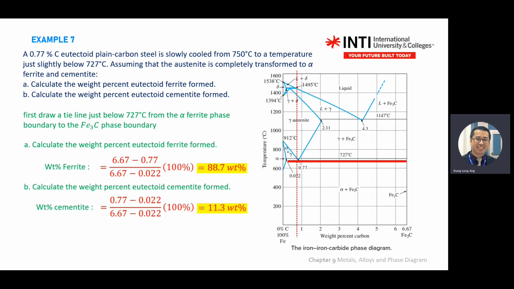You only need to be familiar with the technical words, for example eutectoid, cementite. When it's gamma, alpha or delta phase, what does it mean? And then the two types of crystal structure we keep repeating are BCC and FCC.